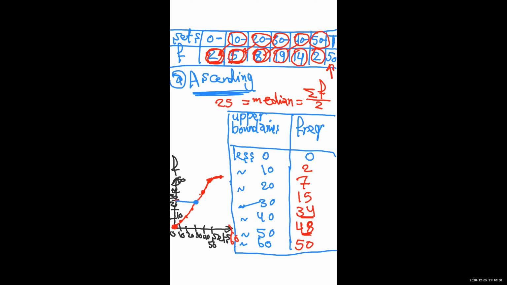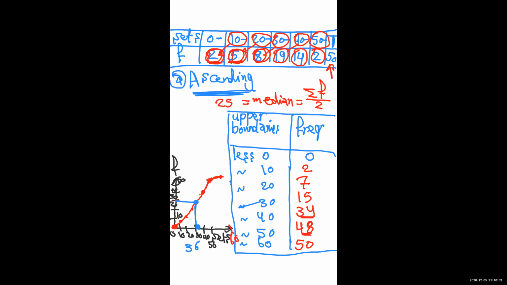Then, guys, draw a perpendicular line to intersect the horizontal axis, for the sets, like this. Now it will be approximately 36.